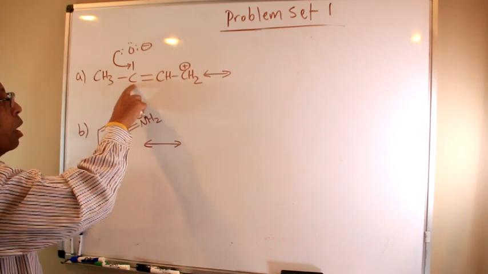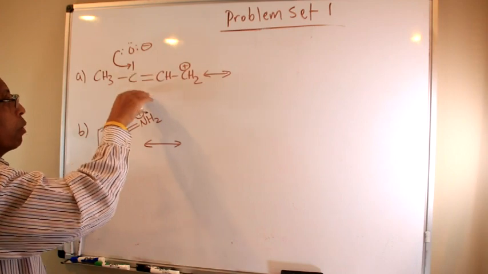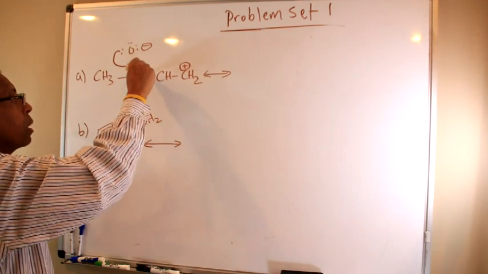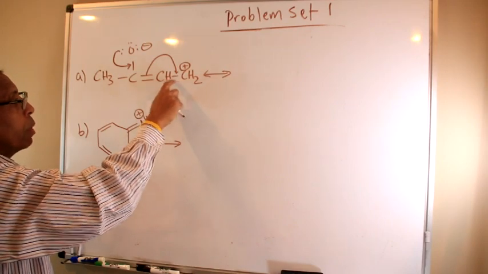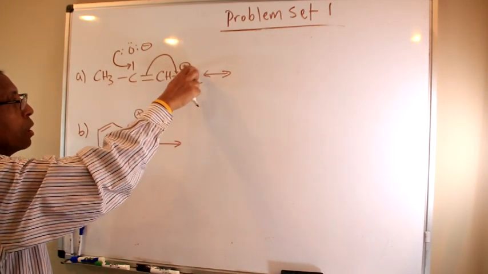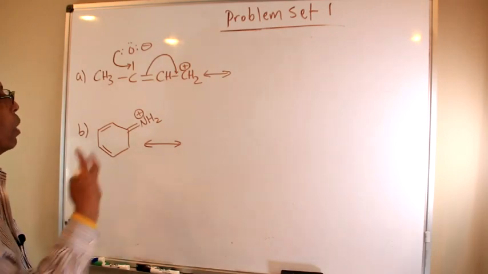Immediately this carbon cannot accommodate more than 4 bonds, so this pair would go to this, and when it makes this double bond, since electron pairs are coming, the charge would be gone. So what does it look like?